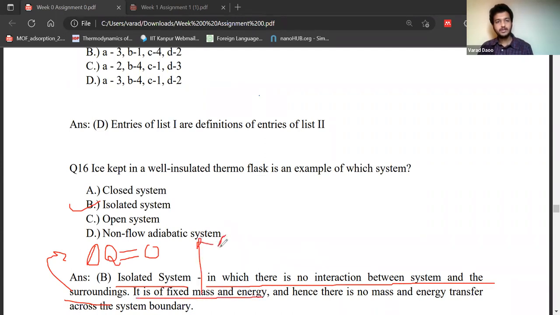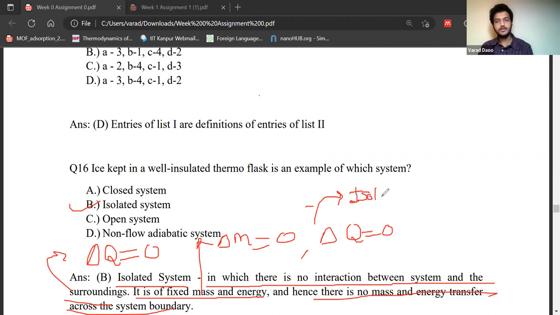That means delta M is also equal to 0 and delta Q is also equal to 0. As per the definition, this is the definition of an isolated system. So the isolated system option is option B.